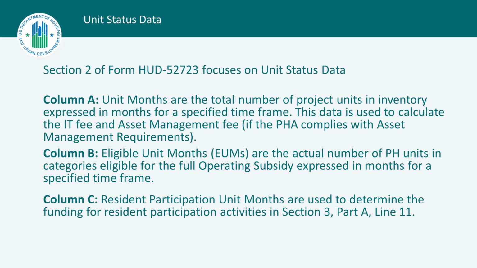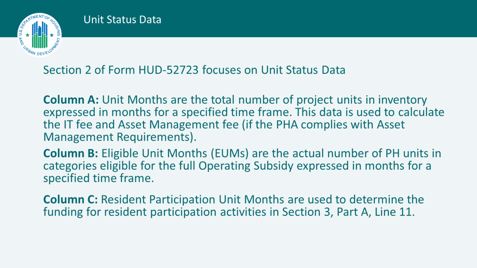AUMs are used to calculate IT fees and asset management fees if the PHA complies with asset management requirements. Column B of the form focuses on eligible unit months, or EUMs, which are the actual number of public housing units in categories eligible for full operating subsidy, expressed in months for a specified time frame. This column is self-populated by the tool for eligible statuses from column A.